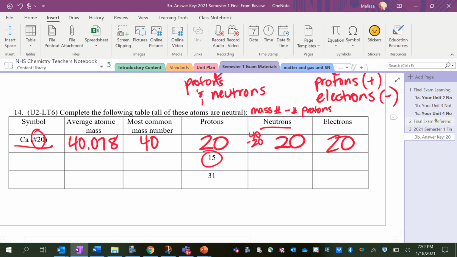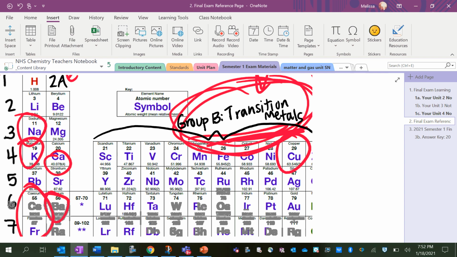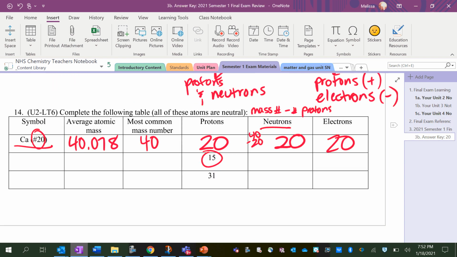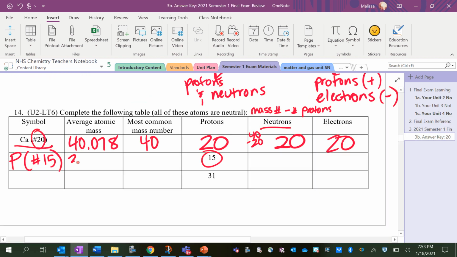For the next one, we have to look up which element is number 15, and that's phosphorus, P, number 15. Its average atomic mass is the number at the bottom, 30.974, which would round to 31.